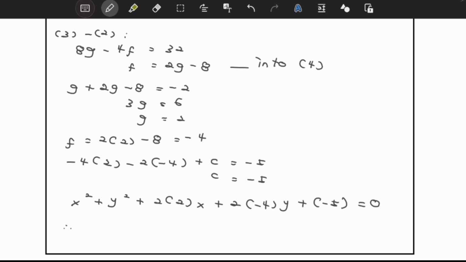So therefore our equation is x^2 + y^2 + 4x - 8y - 5 = 0. So finally we get the answer. Done.